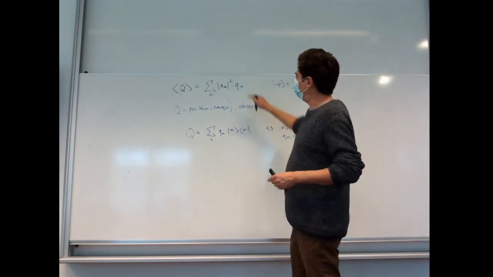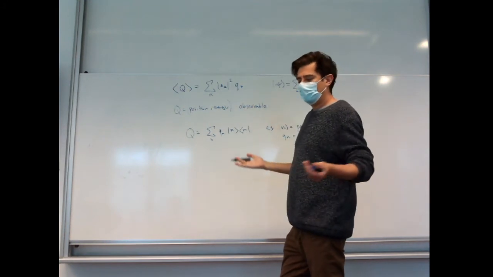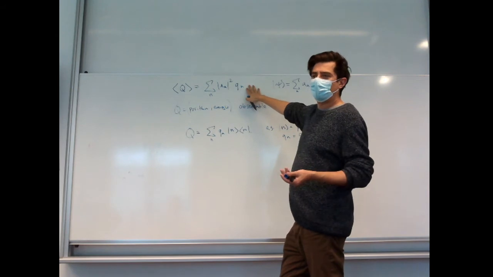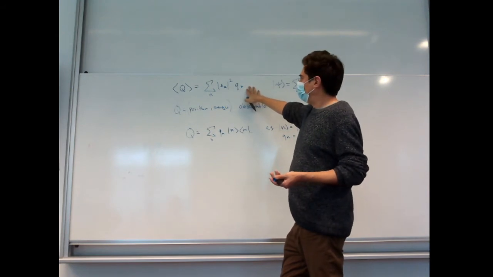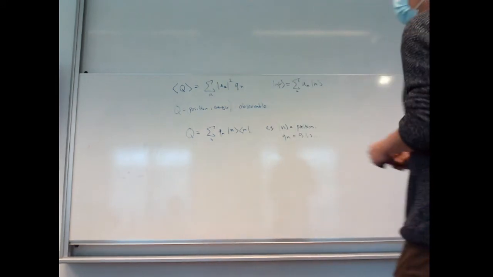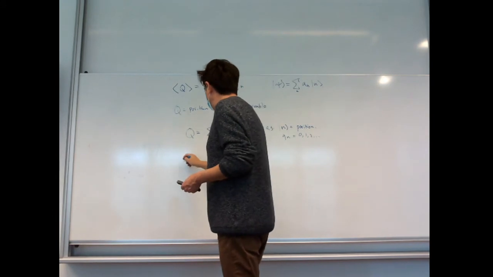So if we define this thing, we obtain this through our regular knowledge of probability. But there's another way of getting it, and this is to do the following.